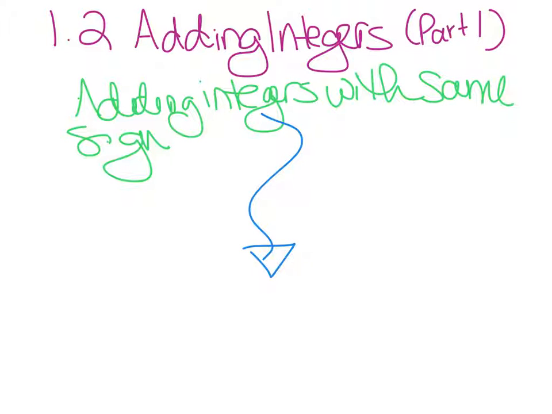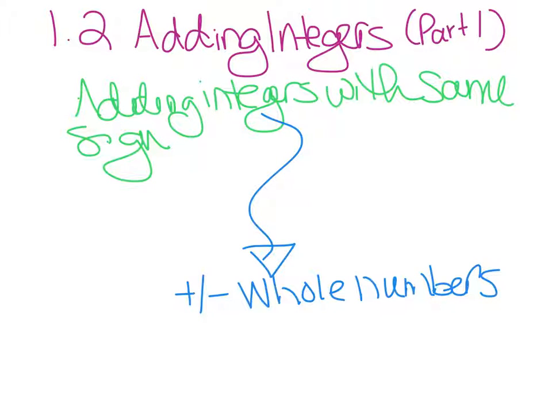Well, remember, those are your positive or negative whole numbers. So literally it could be like negative 20, negative 500, negative 4,462. Or it can be positive. It just cannot be fractions and decimals. So no fractions and no decimals. Okay? Those are no-go zones.